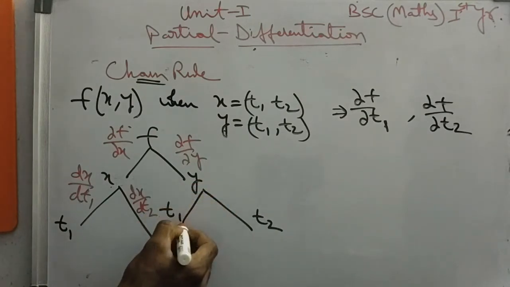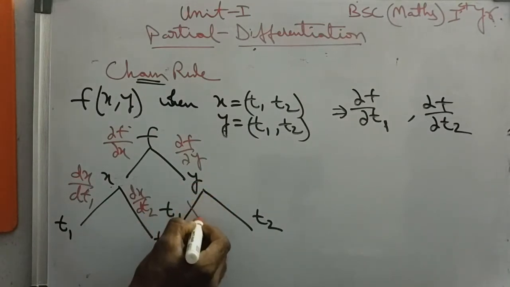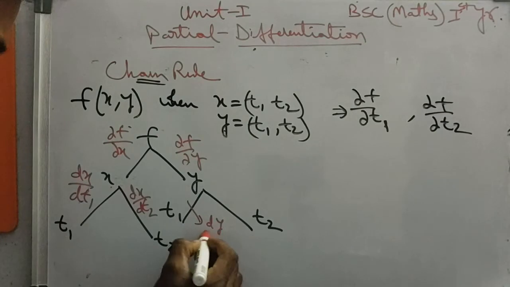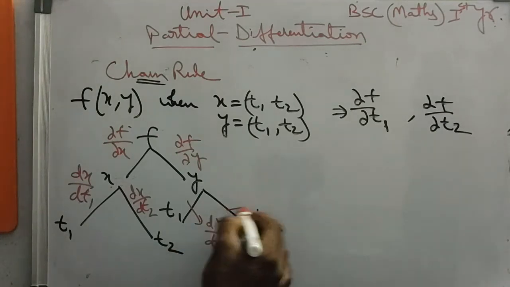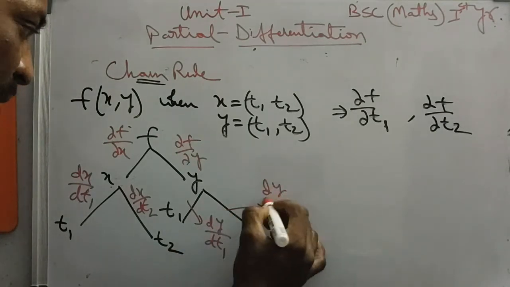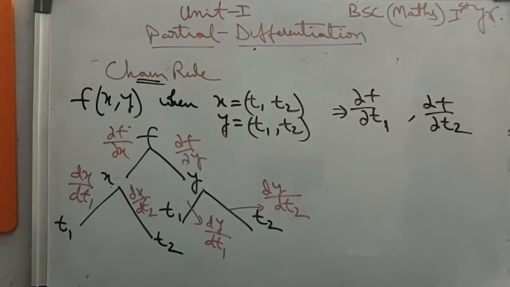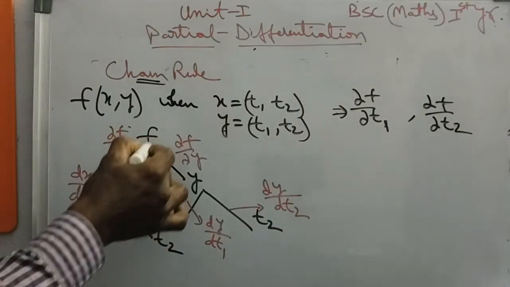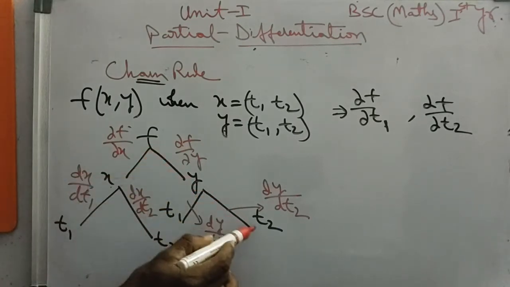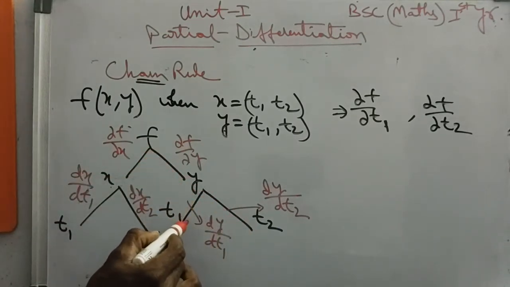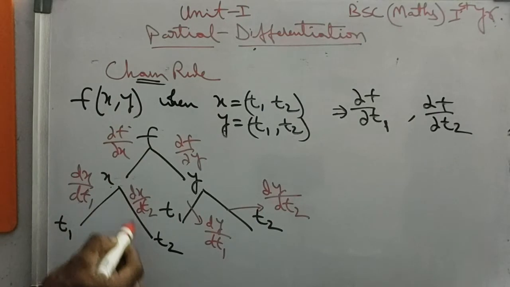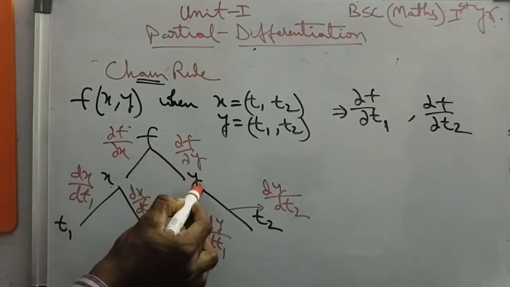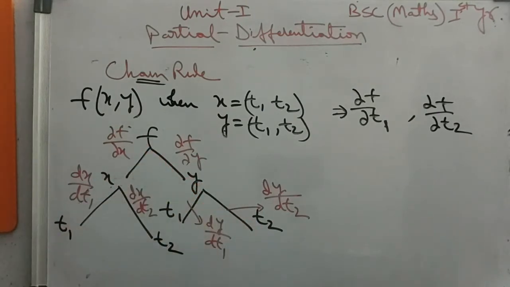With respect to y, this term is dy by dt1 and this term is dy by dt2. Now with respect to t1, you continue with t1, and with respect to t2, f, x and t2, and f, y and t2.